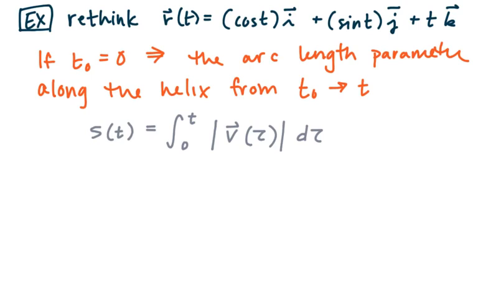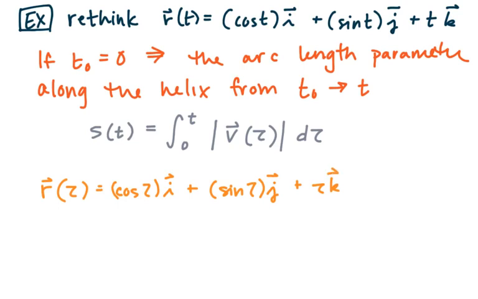So what that means is if we think about that r vector being r of tau, we would have cosine tau i plus sine of tau j plus tau k.